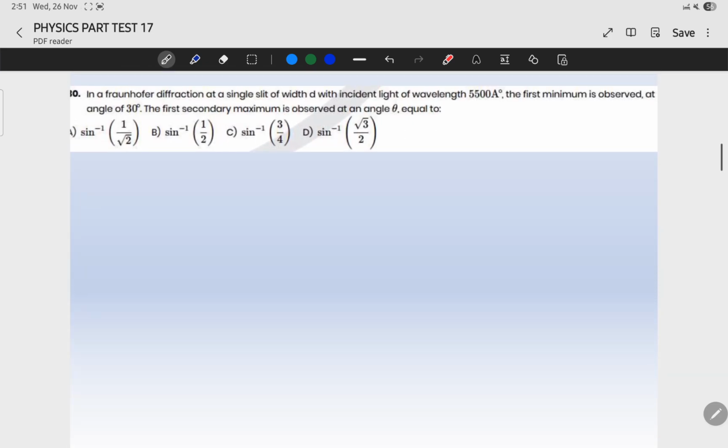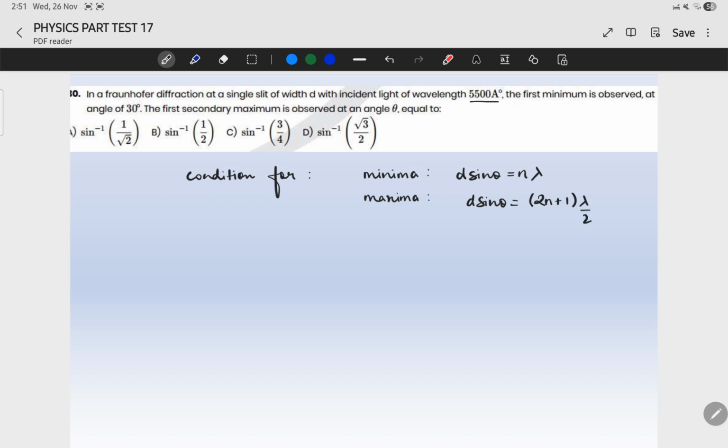Next question, Fraunhofer diffraction single slit of which the wavelength of the light is given. The first minimum is observed at 30 degree. So we know that condition for minima in single slit diffraction pattern is d sin theta is equal to n lambda, where n starts from 1, 2, 3, 4, and condition for maxima is d sin theta is equal to 2n plus 1 lambda by 2, where n starts from 1, 2, 3, 4.